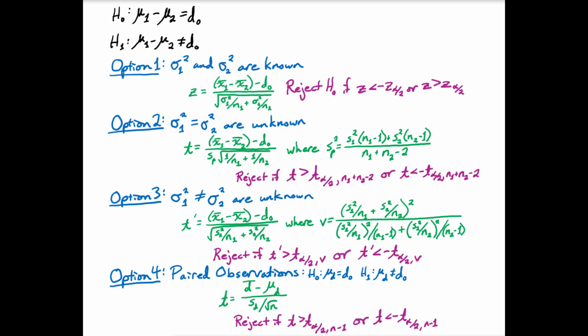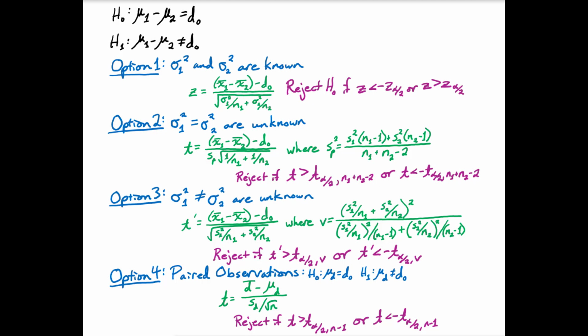Our final possibility is that we're in a situation where we should be pairing things. So we worked with the example of taxi cab tires being paired, pre-test, post-test with the same student, any situation where we are pairing.